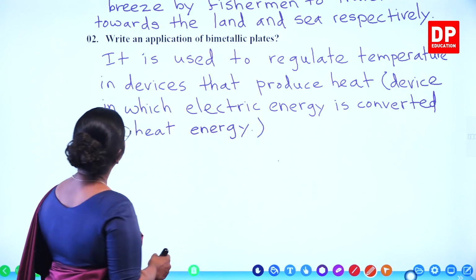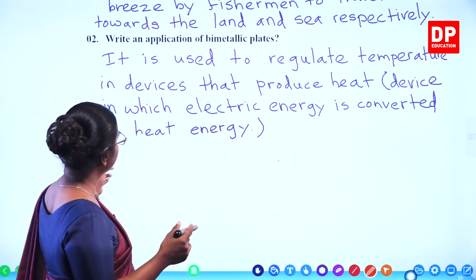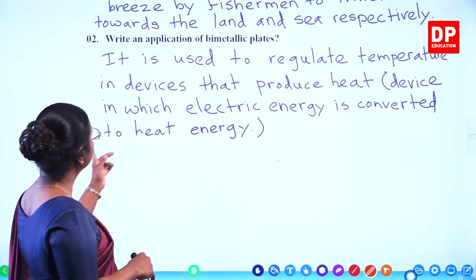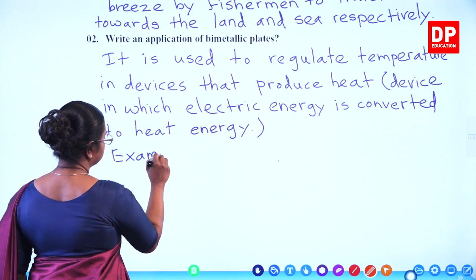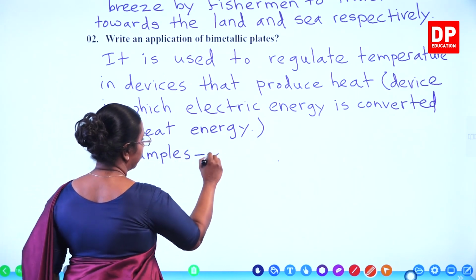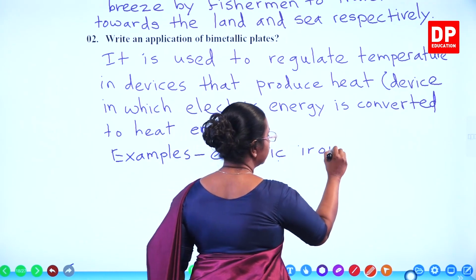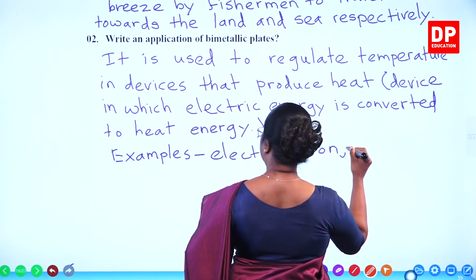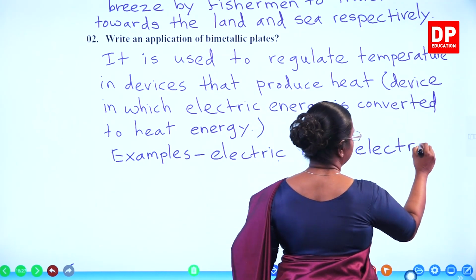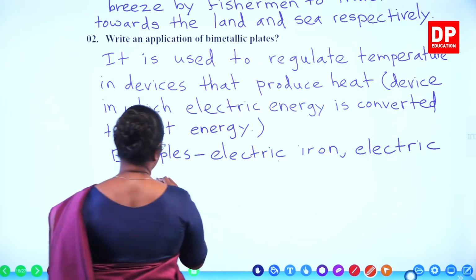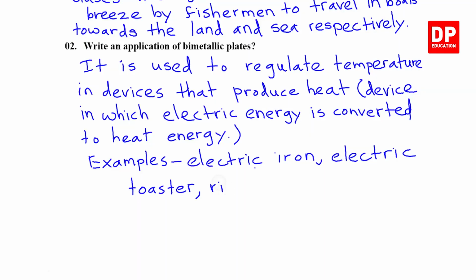Energy. So it is used to regulate temperature in devices that produce heat, or devices in which electric energy is converted to heat energy. As examples, we can write electric iron, electric toaster, rice cooker.